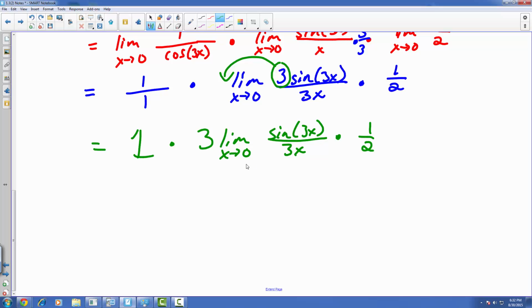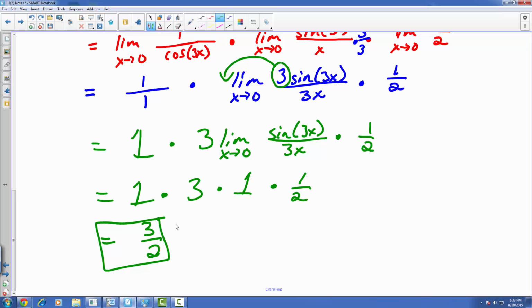Again, this is just a definition that we've seen recently, so that'll just come out to be 1. So really we just have 1 times 3 times 1 times 1/2. So it looks like our final answer just comes out to be 3/2 for our limit. So again, that is example 4G from our 1.3 number 2 set of notes.